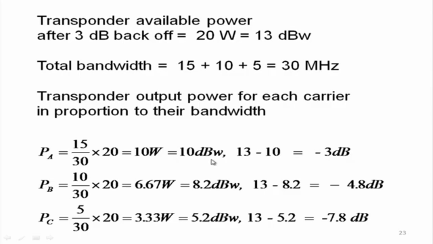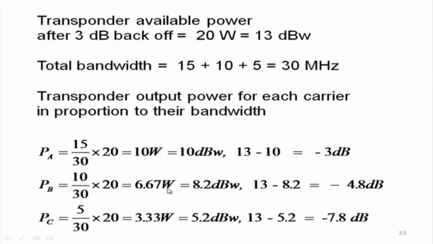And in terms of dB, 13 minus 10 is minus 3 dB is taken by station A at the transponder.